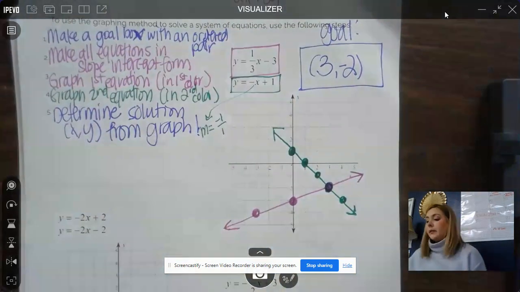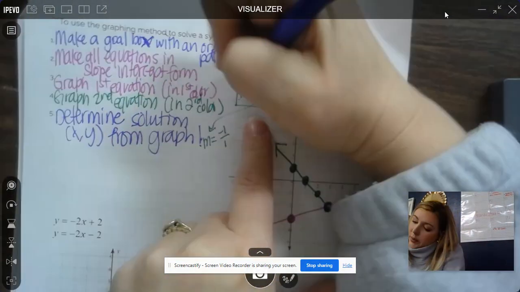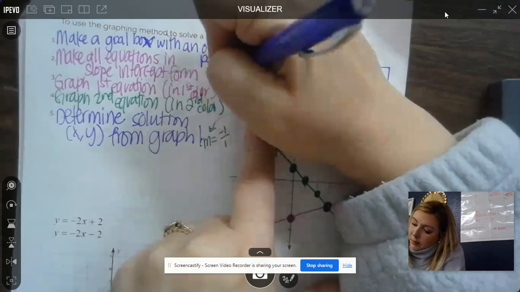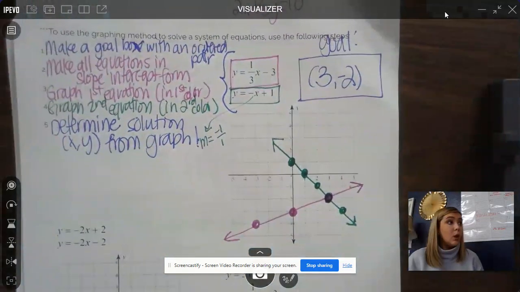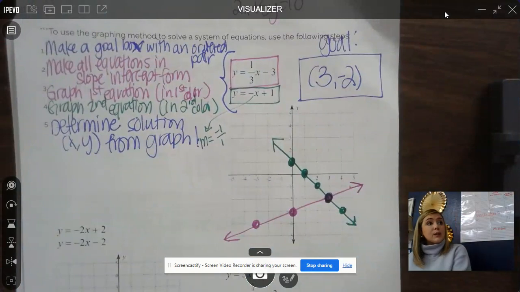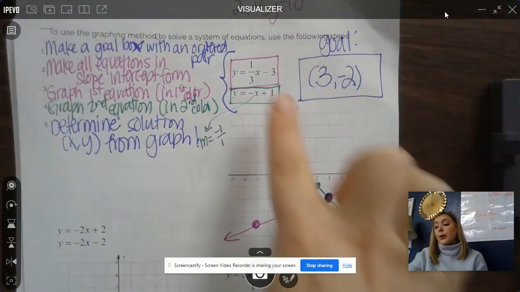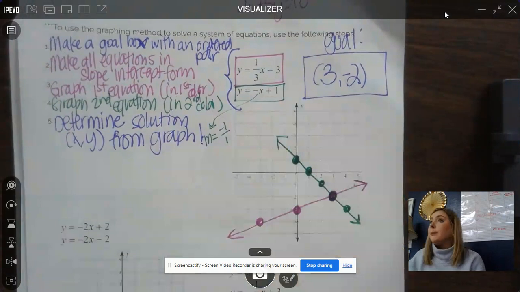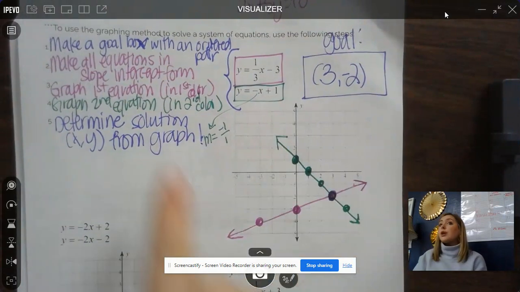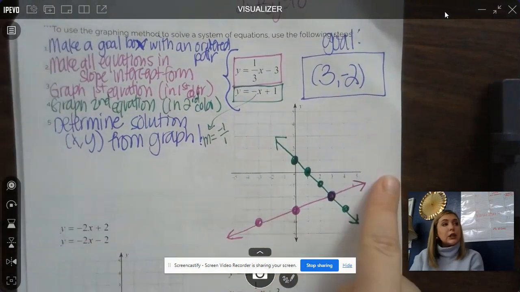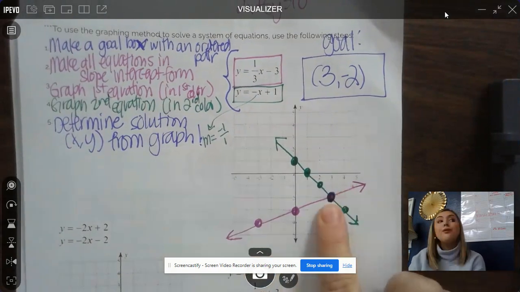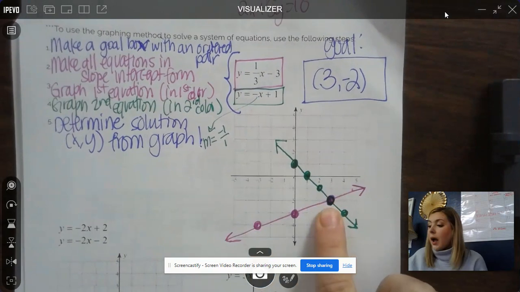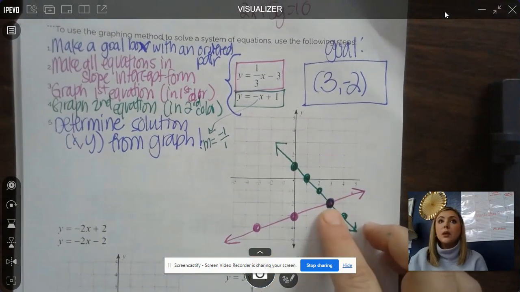So you can say, in this system of equations right here, and I'm going to draw the bracket, in that system of equations, you made an answer box. You made sure they were both in slope-intercept form. You took your first color and you graphed that first equation, which is something you already know how to do. You changed colors, you graphed the second equation, and you found that they run into each other at 3, -2.